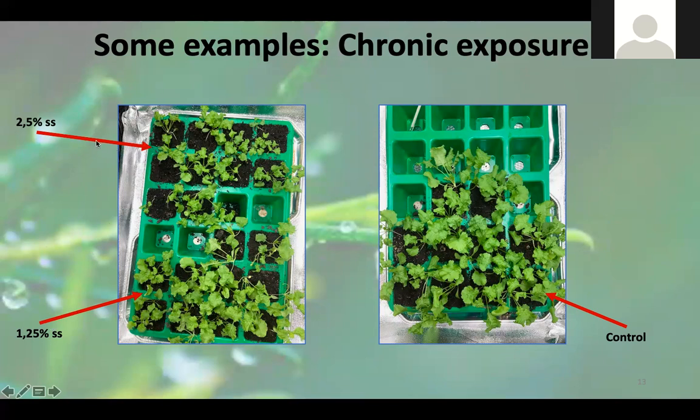And as you can see, also in this case there are clearly visible differences with untreated plants, plants grown in normal soil, against plants grown in soil added with sewage sludge, that are clearly less developed, because of course they have suffered.